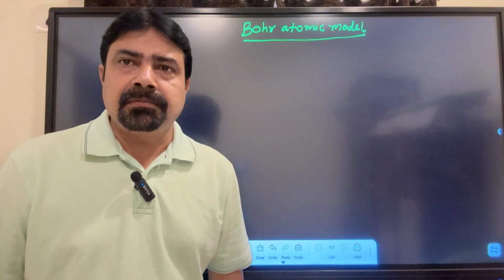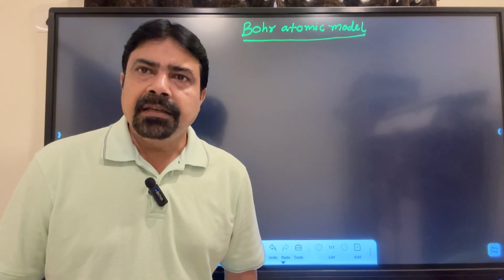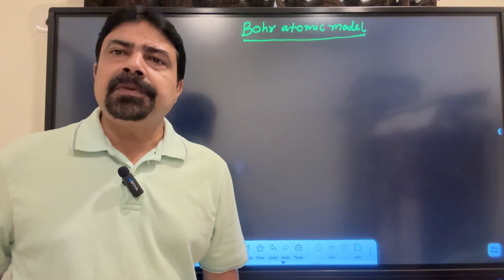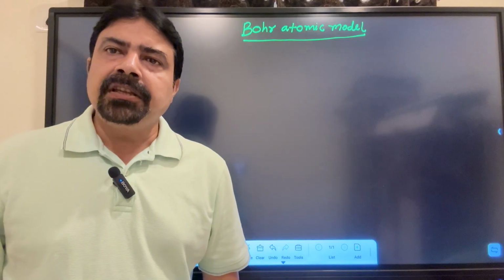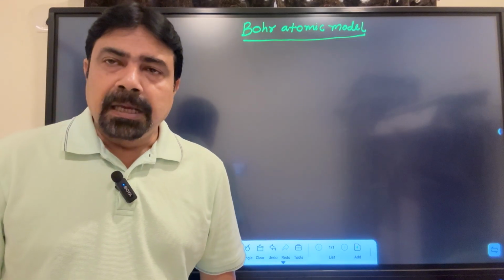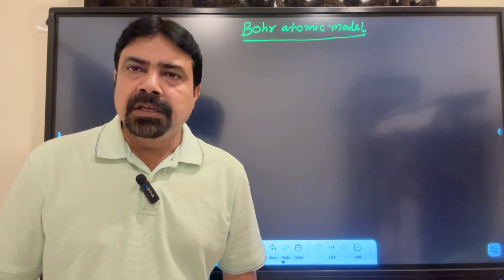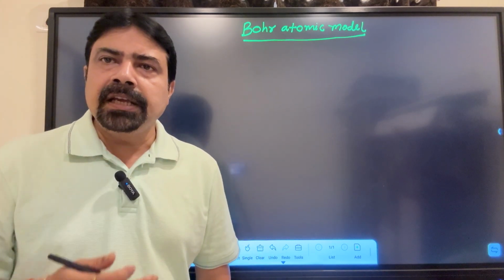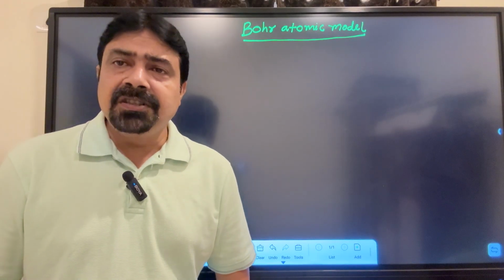structure of atom. Why? Because Rutherford says there is a very small place in the atom where the positive part of the atom, the nucleus, is present, and around the nucleus the electron is moving in a circular path. But as per Max Planck's quantum theory, whenever any charged particle is moving around a nucleus in a circular path constantly, it will lose its energy.